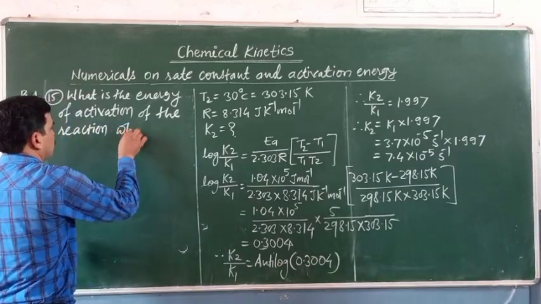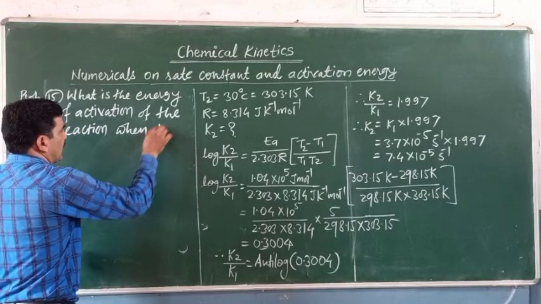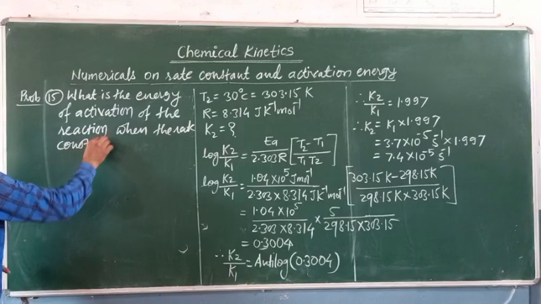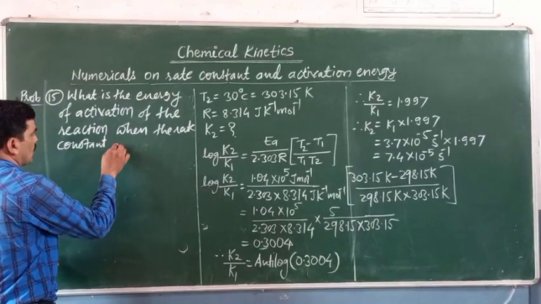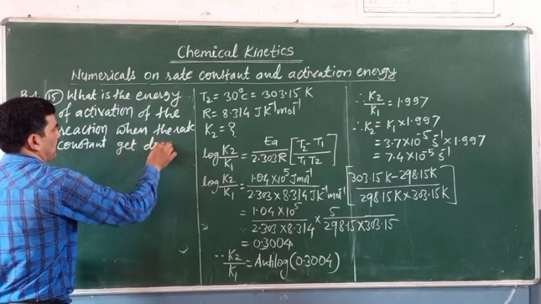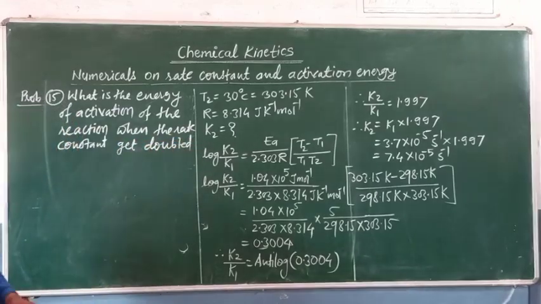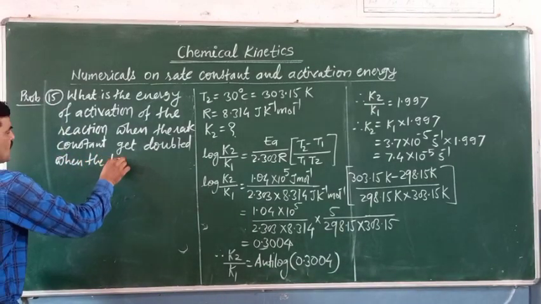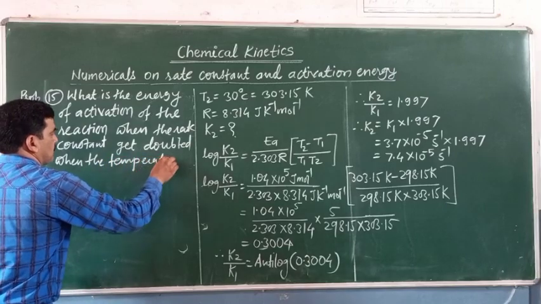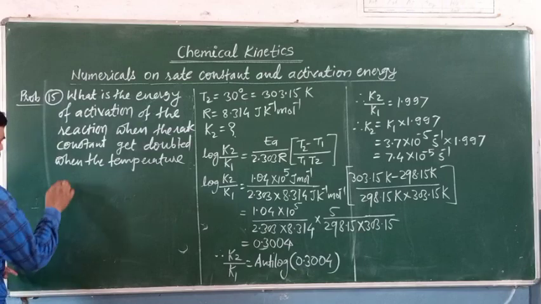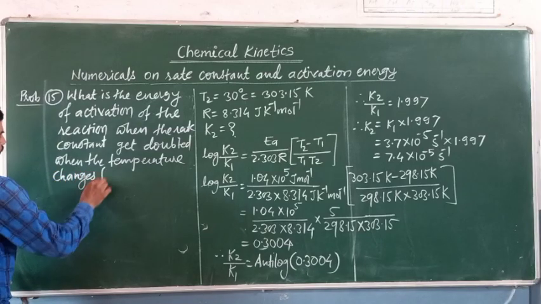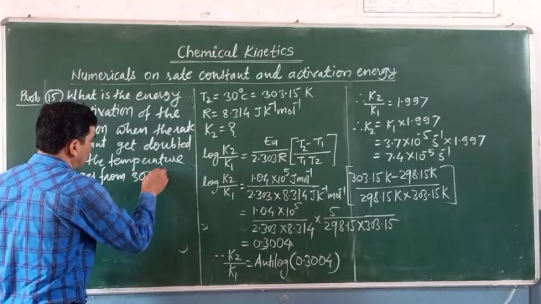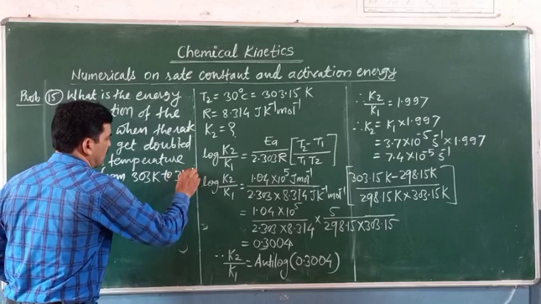When the rate constant of the reaction gets doubled when the temperature changes from 303 Kelvin to 313 Kelvin.